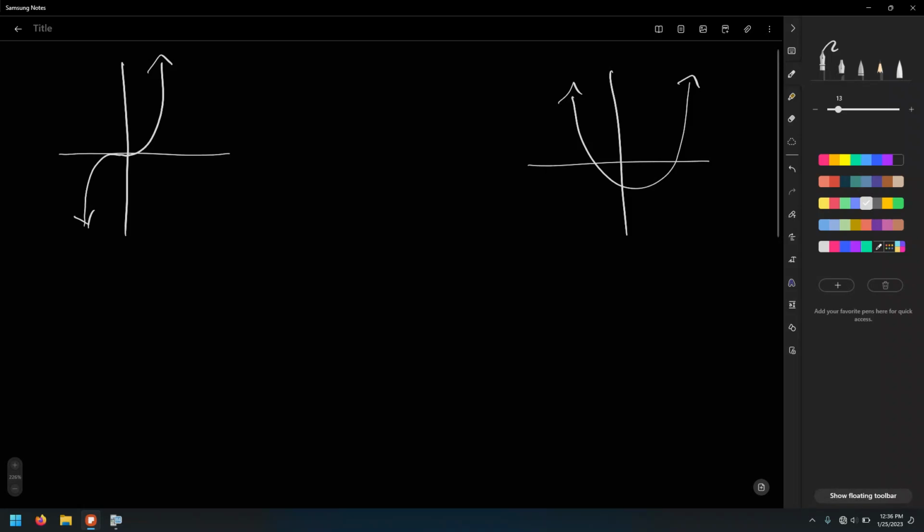And if we can invert the function, there's a bunch of pretty cool stuff that we can do. In fact, this will be the foundation to describe what will be next, which is the exponential and the logarithmic function. And there is a test to determine whether a function is one-to-one.